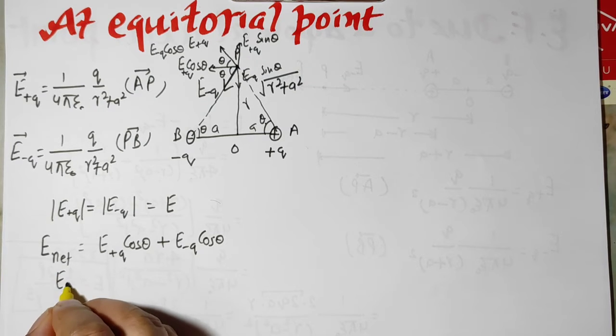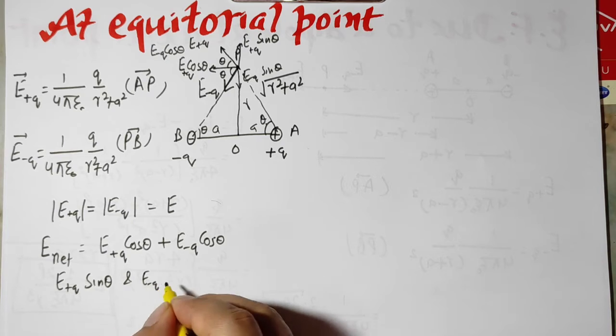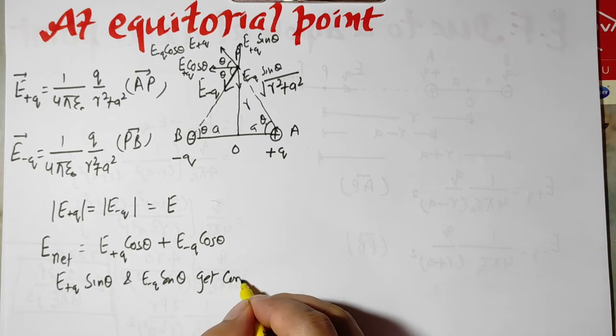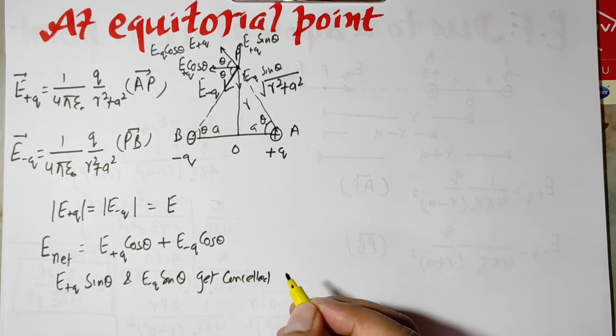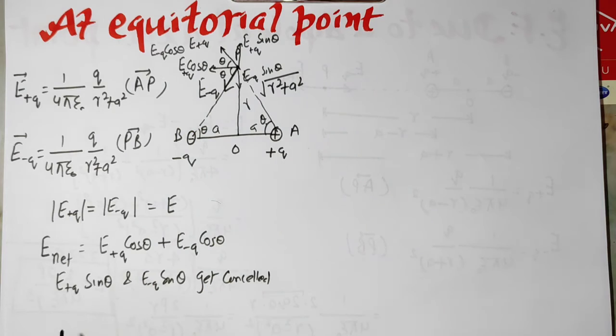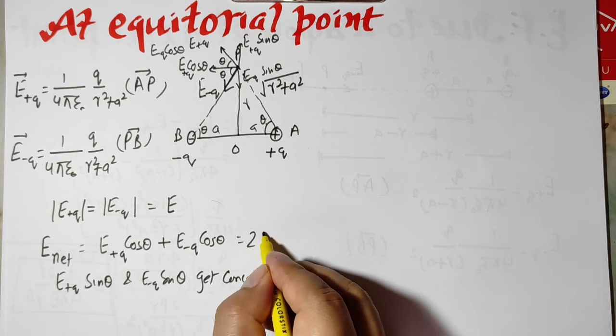So E plus Q sin theta and E minus Q sin theta get cancelled. Why? They are equal and opposite, and we have only horizontal components. Now, because these two are equal, you can just write 2E cos theta.